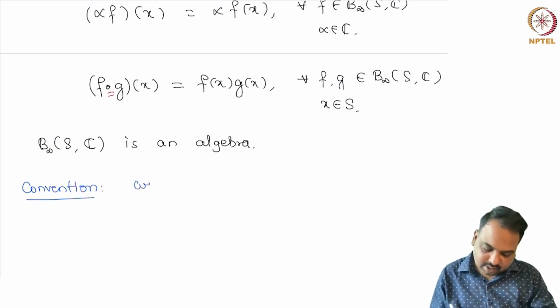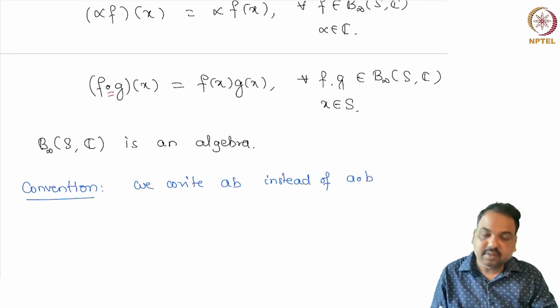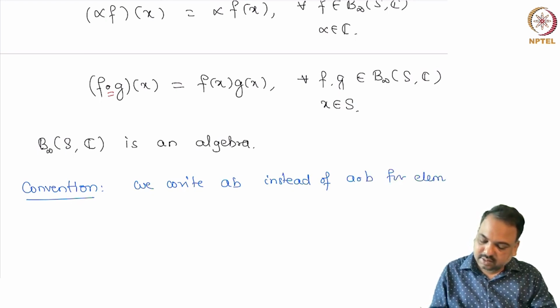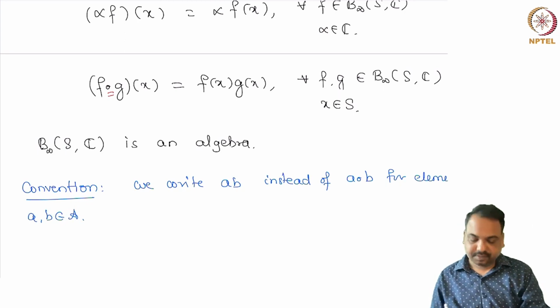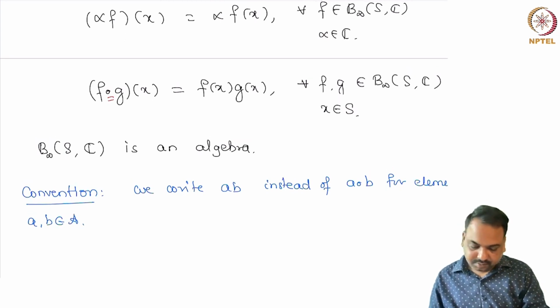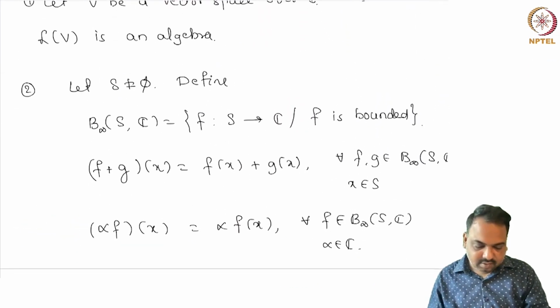We write AB instead of A circle B for elements A, B of A, where A is an algebra. Okay. In fact, we can give more examples.